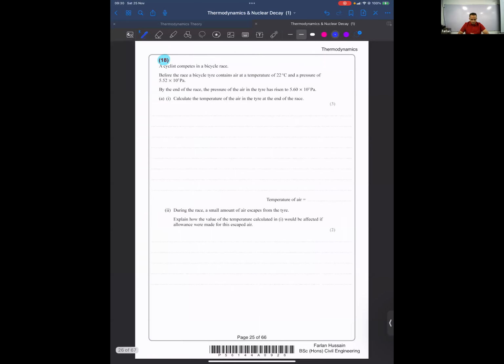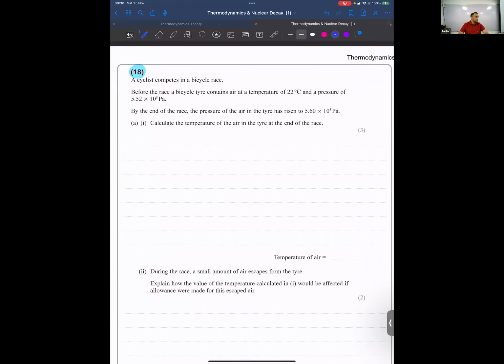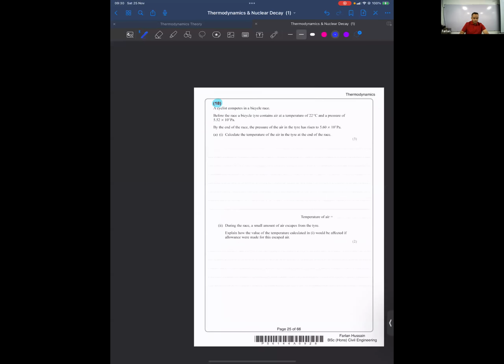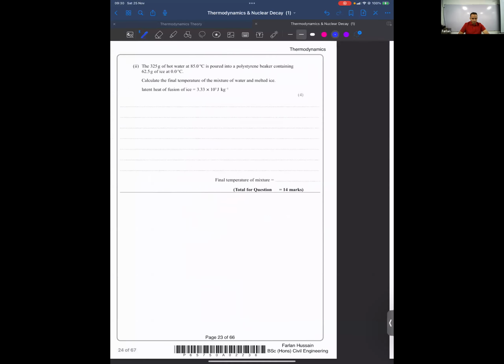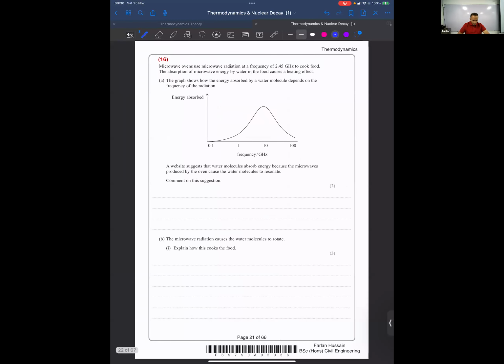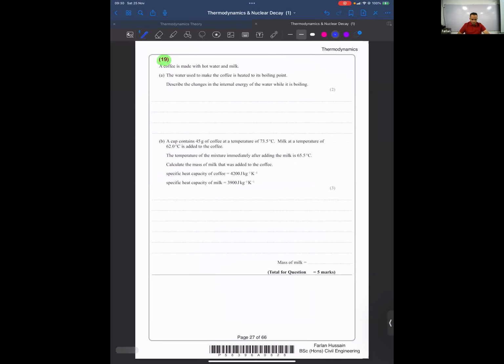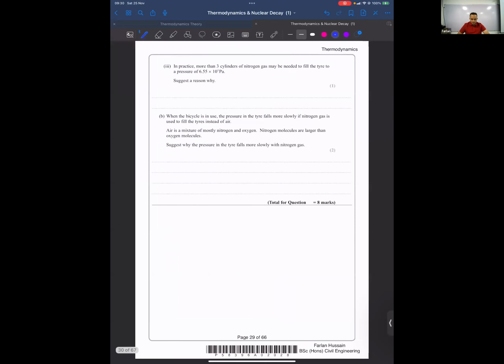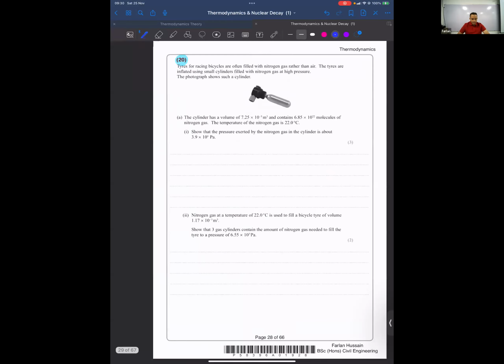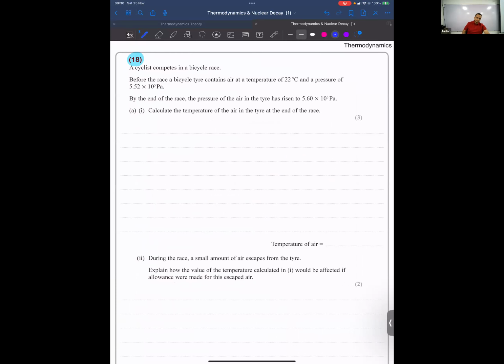17th we have done. 18th, 19th, 20th I have marked. 18th: a cyclist competes in a bicycle race.